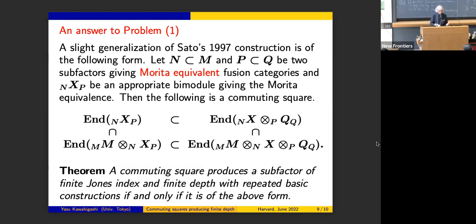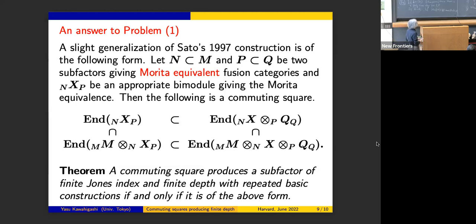And then also from the lower right bottom corner, we get another endomorphism space, and then we get natural inclusions. So we get four natural inclusions. This gives a square of finite-dimensional C-star algebras, and we have a natural trace and natural inclusions, and it turns out that they give a commuting square.